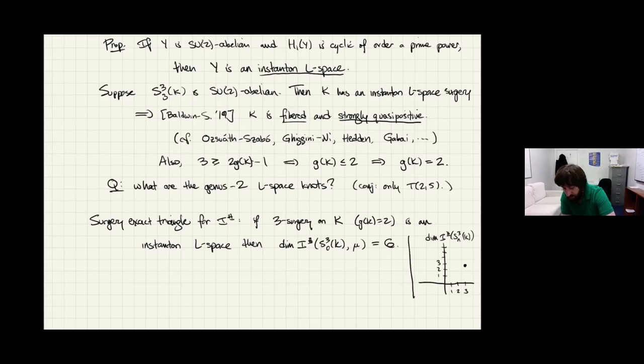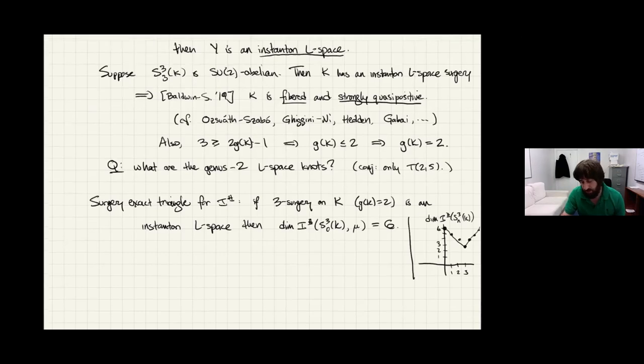So it forms a sort of V shape and goes off forever in that direction. So when we're looking at 0 surgery, we have a 6-dimensional homology.